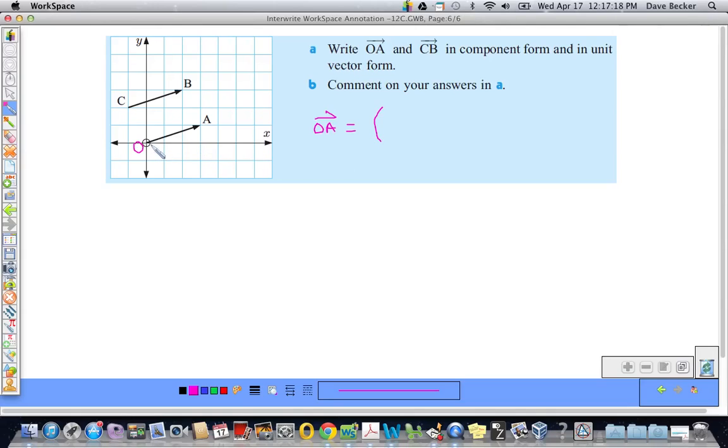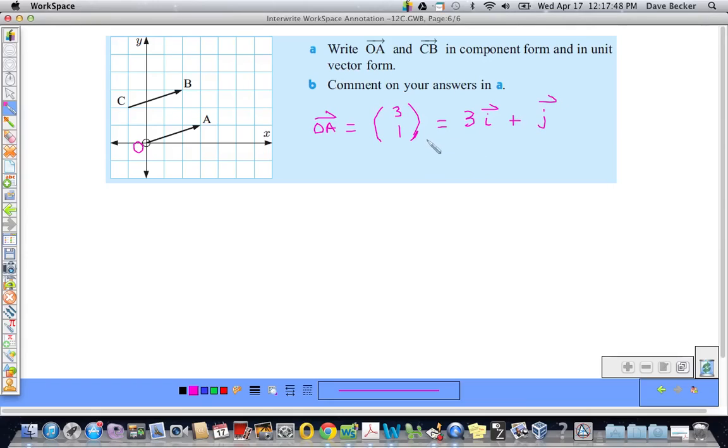How many horizontal and vertical movements do I need to make to get to the endpoint of the vector? 1, 2, 3 positive horizontal translations and 1 vertical shift. So that component form is (3, 1). And in unit vector form, that's 3i plus 1j, so plus j is fine.